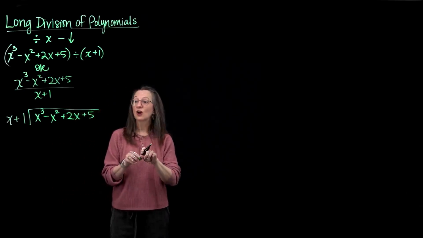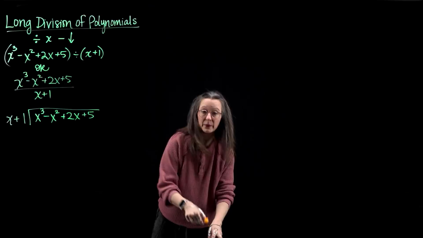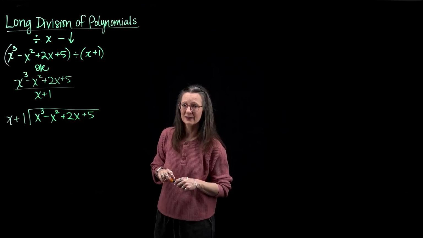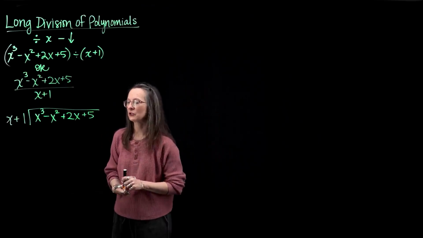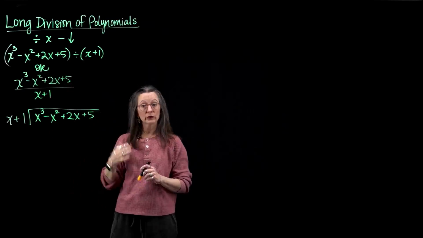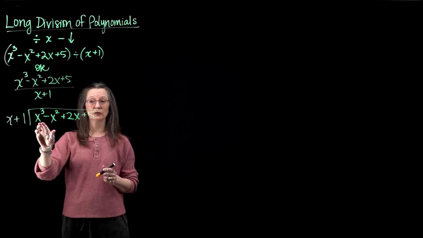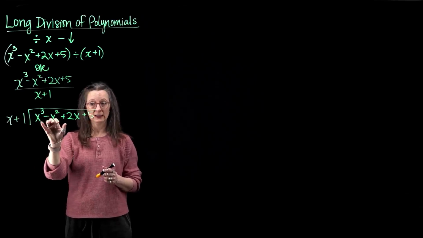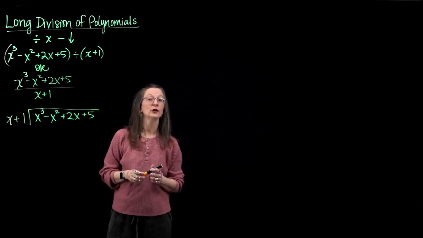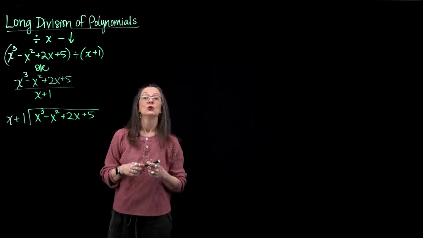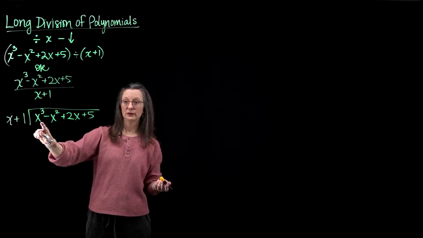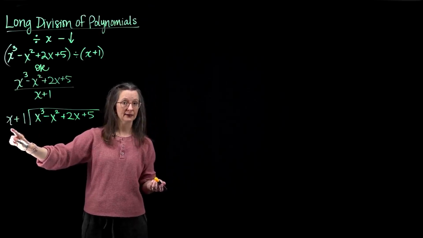All right, so remember, this is going to work just like the numbers, except we've got x's, with one small exception. When we do the division piece, we're only going to deal with the leading term in the inside polynomial and the leading term in the polynomial we're dividing by. So for our first step, I'm going to look at x cubed divided by x.